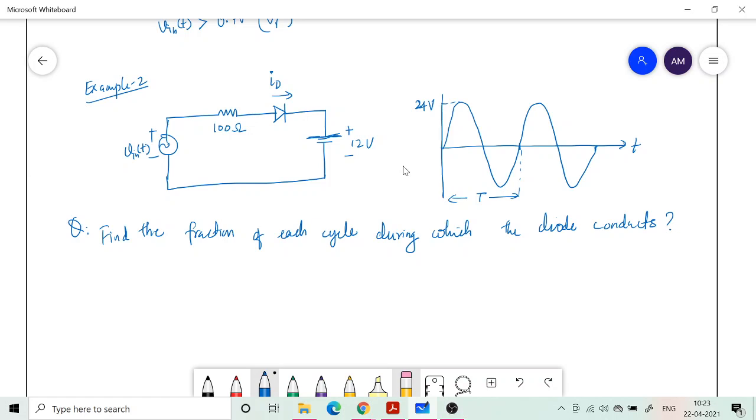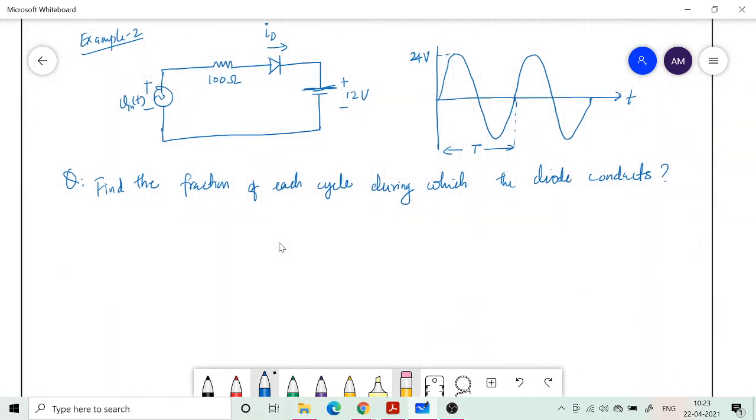Find the fraction of each cycle during which the diode conducts. So that's the question. So how do you do this?